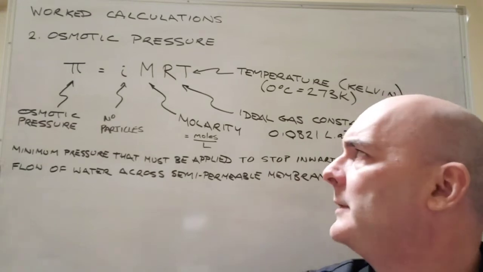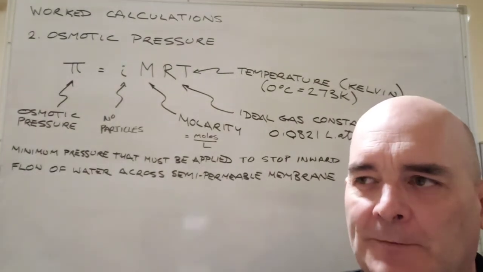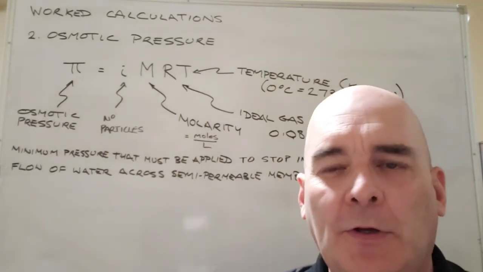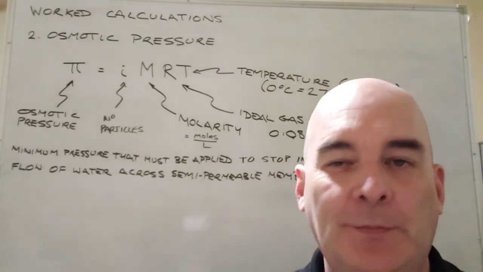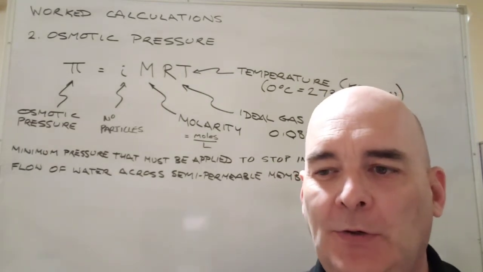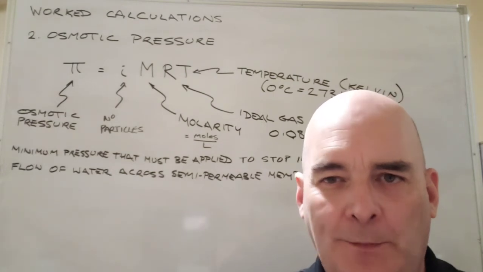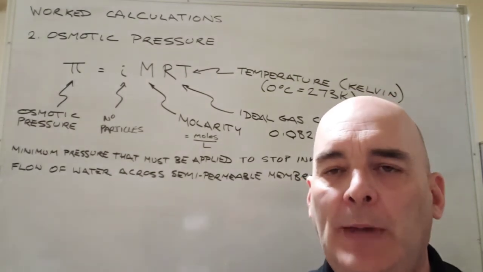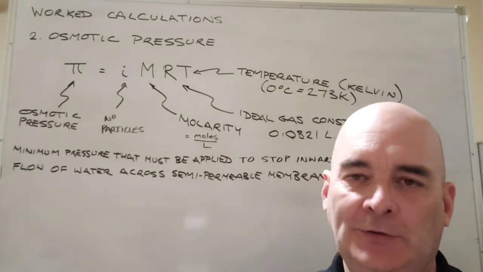Let's look at the other calculation that's in this chapter, osmotic pressure. So we said earlier that osmosis is the flow of solvent, probably water, into a solution that is separated with a boundary. It's called a semi-permeable membrane, and the water flows across that barrier and into the solution.